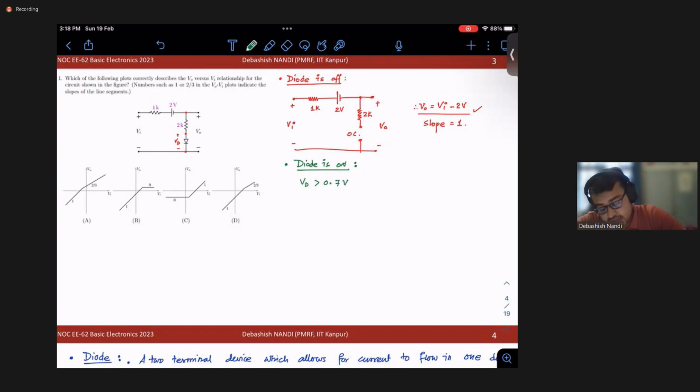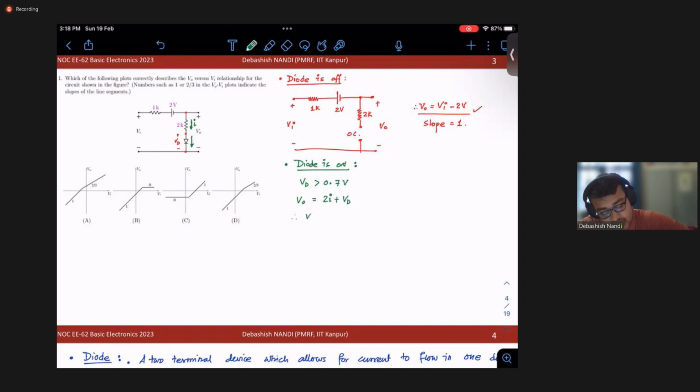Understand this very carefully. VD should be greater than 0.7 volt and the current conducts in this direction, so current also conducts through the 2 kilo ohm resistance in this direction. Let the current be I. So what is V naught now? V naught is equal to 2I plus VD, right?